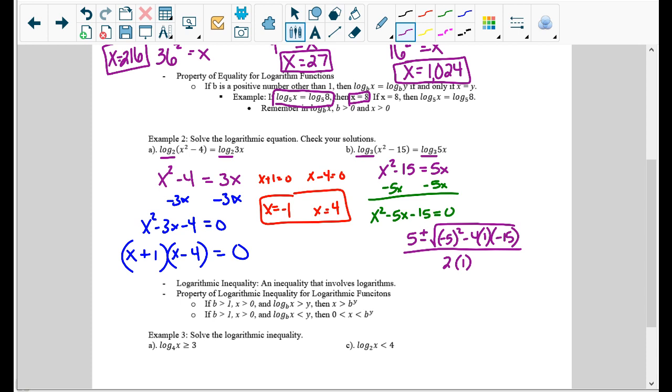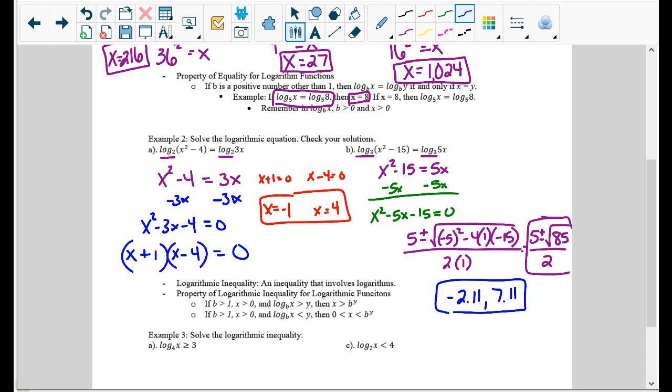So this is 5 plus or minus the square root of 85, which does not simplify, over 2. You can leave it just like that. If you want to plug it into a calculator to get decimals, you get about negative 2.11 and 7.11. Or if we're graphing, we could graph it and get those decimals with the graphs as well.